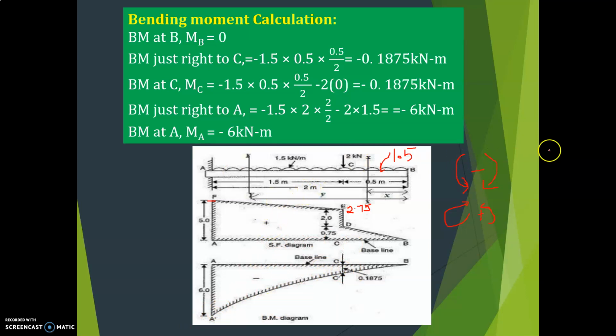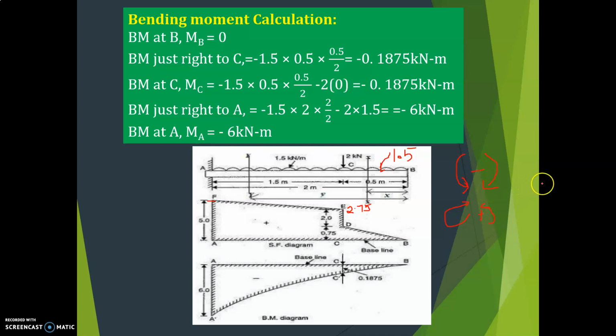Okay, I hope all of you understood. Mainly you have to remember the sign convention. For bending moment these are the sign conventions. This is right side, this is left side. Right side clockwise minus, right side anti-clockwise plus. I usually consider from the right side only, so you just remember the right side sign convention.